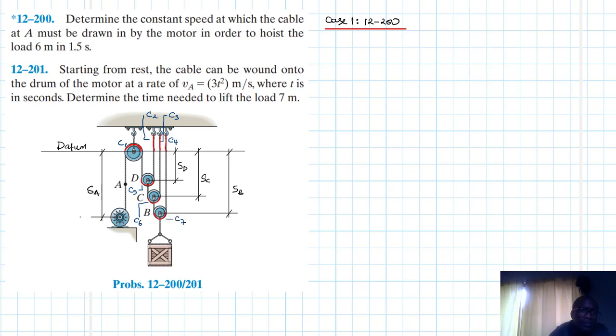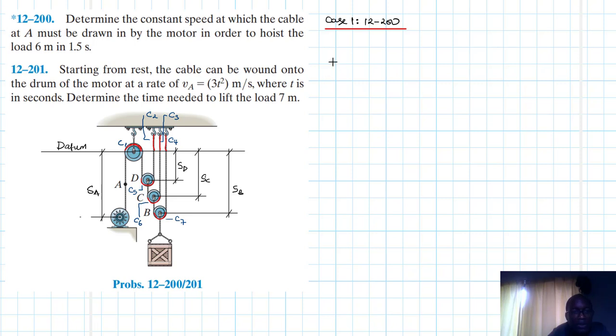Alright, so now let's write down the equations that relate these positions for each cable. How many cables do we have? We have one, two, three. So we're going to have 3 equations, because we have 3 independent cables.